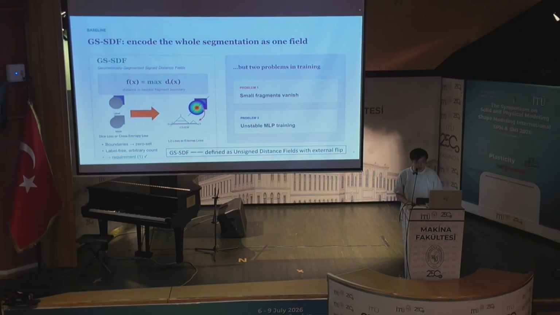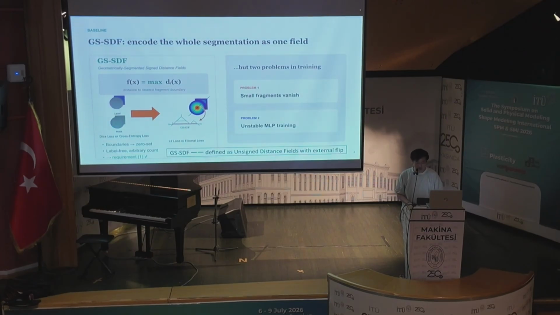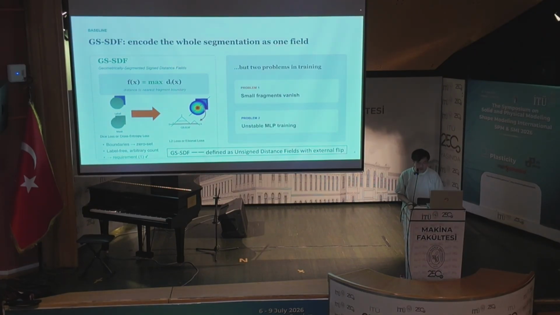At every point, we store the distance to the nearest fragment boundary. Such boundaries become the zero set, and the entire segmentation lies in one continuous label-free field. With this representation, the first requirement is done, but two problems remain.